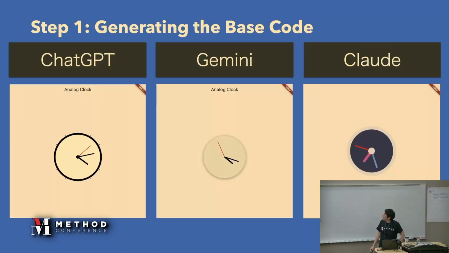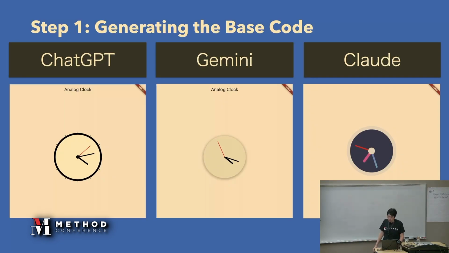And each generative AI has a different feature, using ChatGPT or using Gemini or using Claude. The appearance is a little different, but the feature is very similar. Each generative AI has different pros and cons.